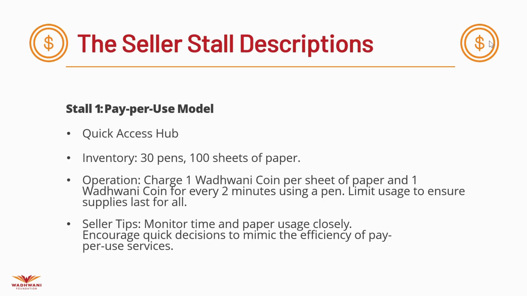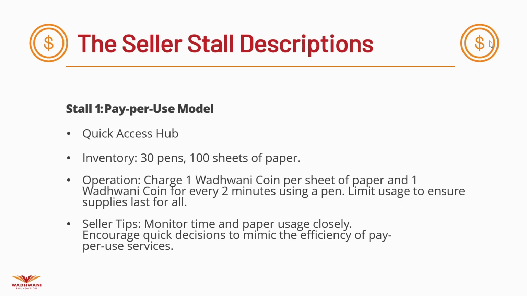The seller stall descriptions. In this part, we will tackle the different types of revenue model. The first stall is a pay-per-use model. Its quick access hub inventory is 30 pens, 100 sheets of paper.